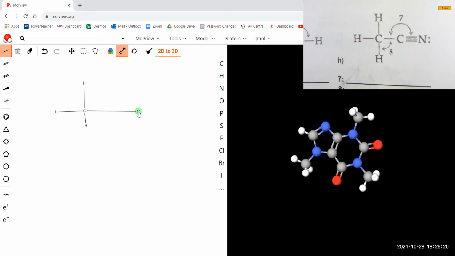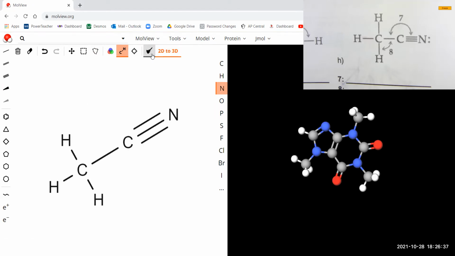I need a single bond between those two carbons and a triple bond where this is a, whoopsies, messed up, delete. I need that to be a nitrogen. Push the little broom so it cleans up my molecule. Check it out. It's basically the same thing, right? It's just turned a little bit sideways.